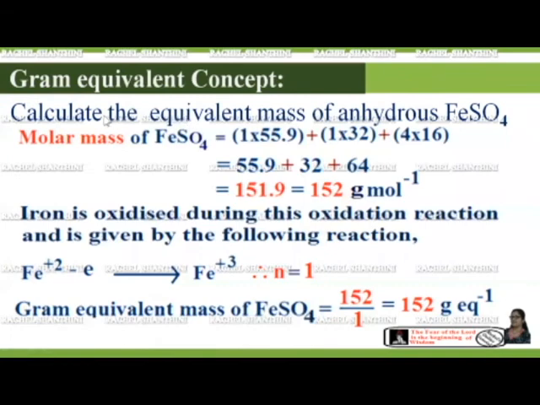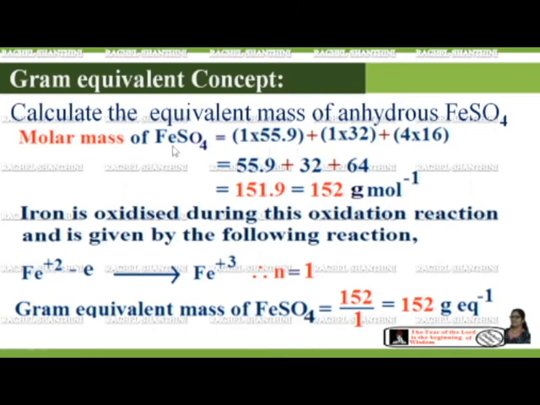Now let us calculate the equivalent mass of anhydrous ferrous sulfate. For calculating this, first we have to calculate the molar mass of ferrous sulfate. So what we have to do is add the atomic mass of all the elements present in ferrous sulfate. The atomic mass of iron is 55.9.